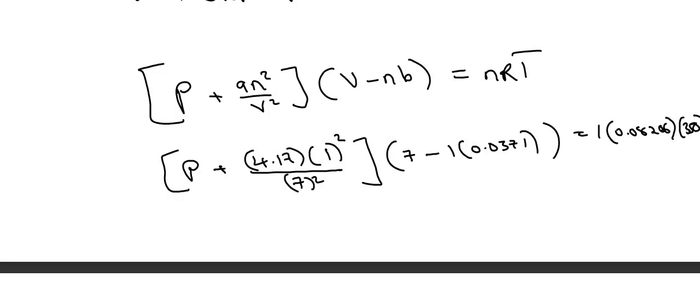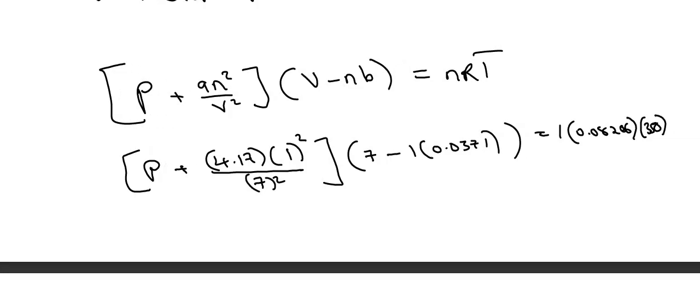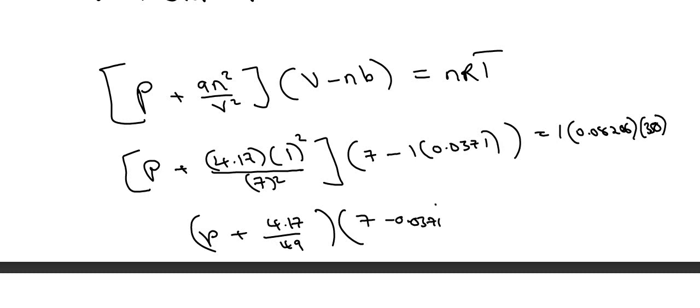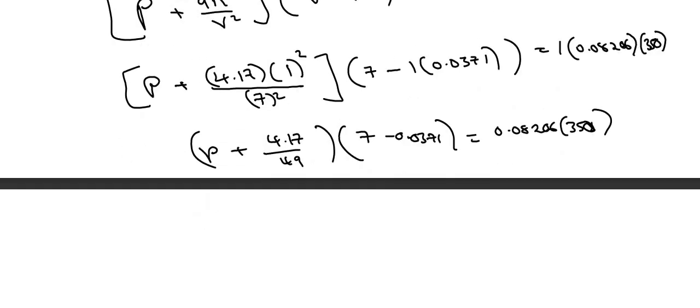So we're just solving for P. So P plus 4.17 over 49, this whole thing, times 7 minus 0.0371, is equal to this side when you punch it: 0.08206 times 350. From here you can just get your value of P. Just make P the subject. So you are able to do that, right?